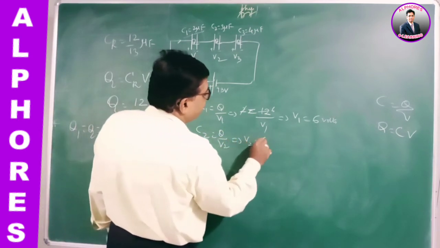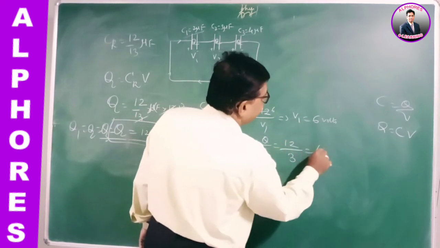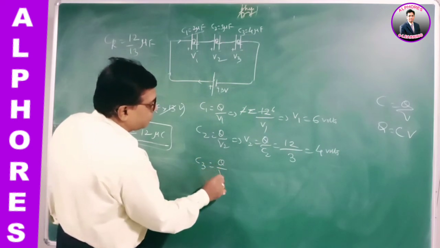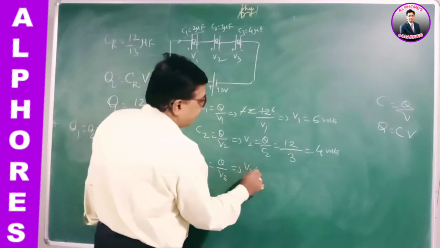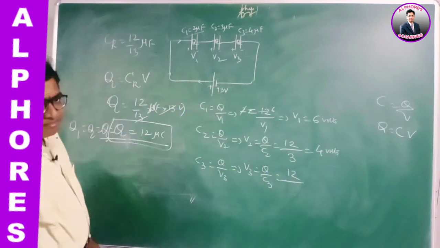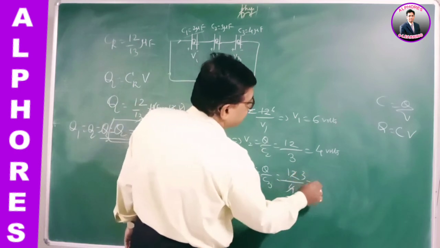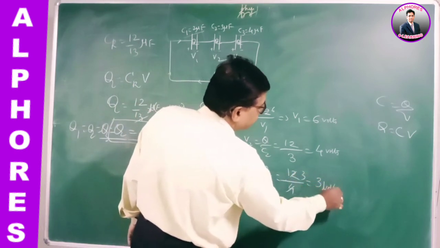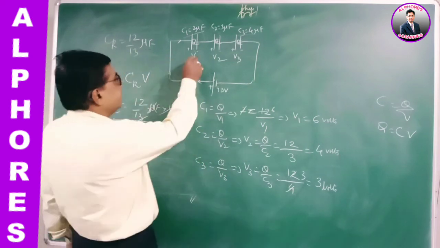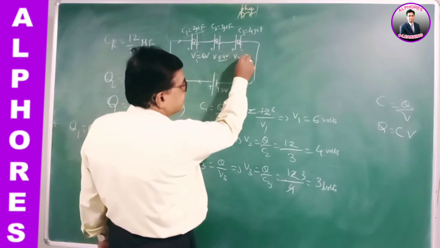So I get V2 as Q by C2, that is 12 by 3, I get 4 volts. And the third one, C3 is Q by V3, which gives V3 as Q by C3. So it's 12 by 4, 4 threes are 12, it's 3 volts. So therefore the individual potentials are 6 volts, 4 volts, and 3 volts.